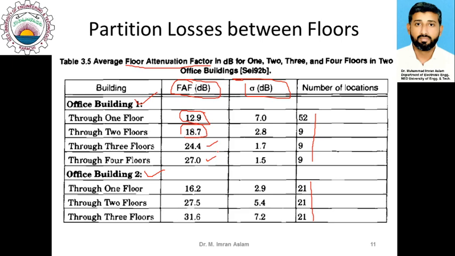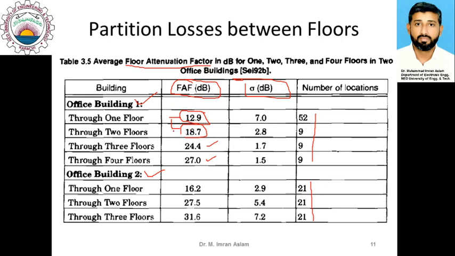You can see that there is an interesting thing: when the number of floors increases, the relative attenuation does not increase at the same rate. For example, for the first case you had an attenuation of 12.9 dB, and for 2 floors, for the second floor the additional loss was only around 6 dB.